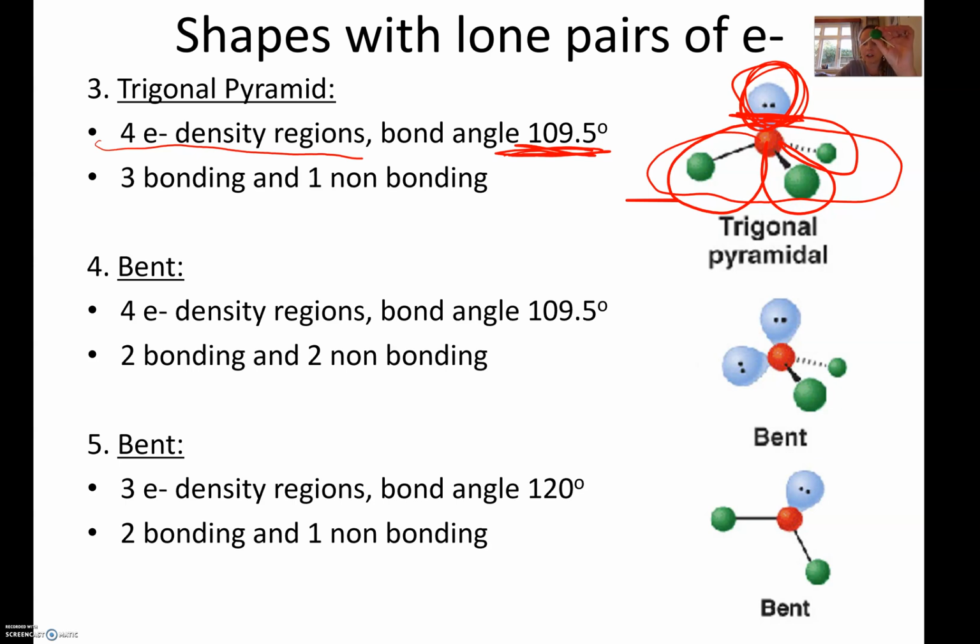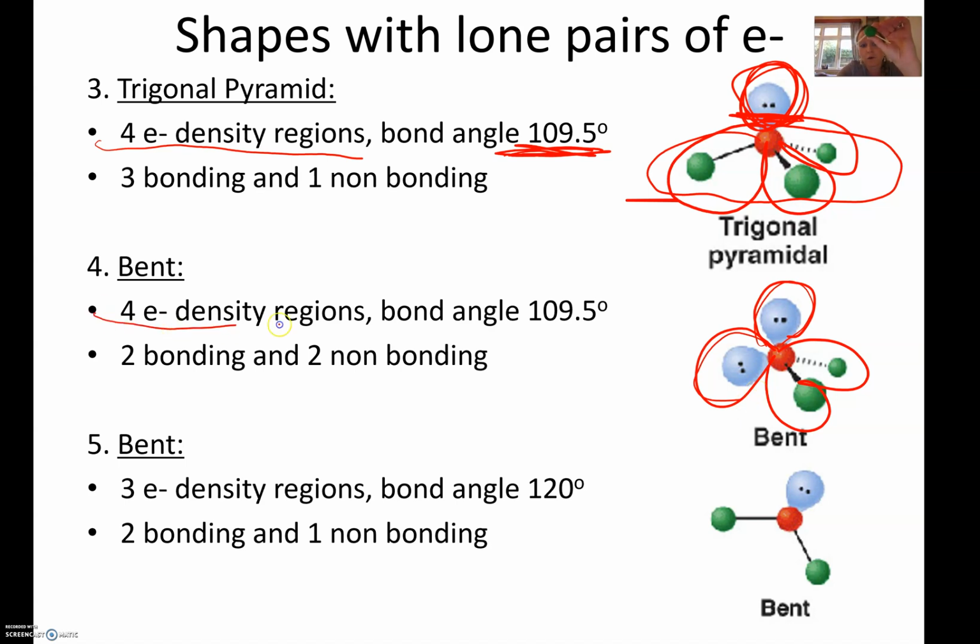So there are 4 electron density regions still, so 1, 2, 3, 4, because there are 2 lone pairs, and they're all repelling each other as far as possible to gain stability. So these 2 are contributing to the shape, but they're just not included in the shape because there's literally no atom that we can put there.